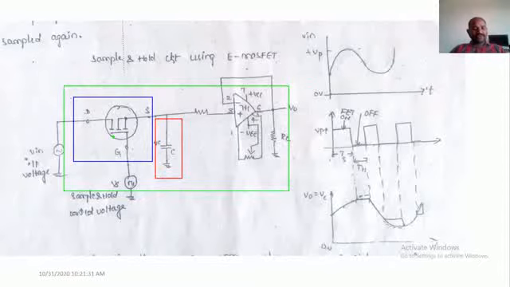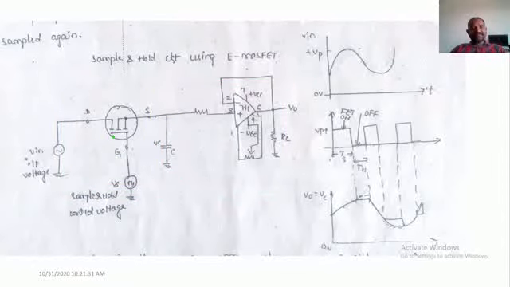Now here we are having a switch. This is a drain and this is a source. This is a gate, and here we are using the E MOSFET. As per the E MOSFET statement, whenever we are applying a positive pulse to the gate, this particular MOSFET acts as a closed switch.